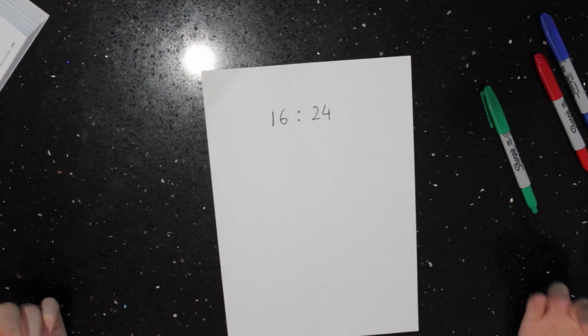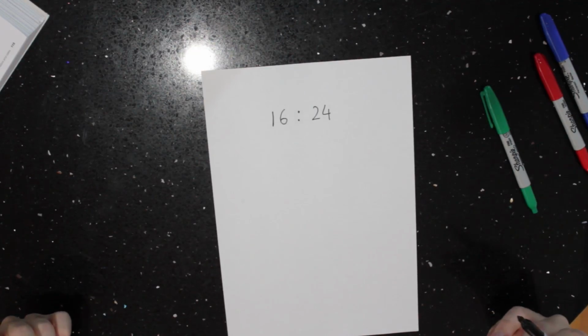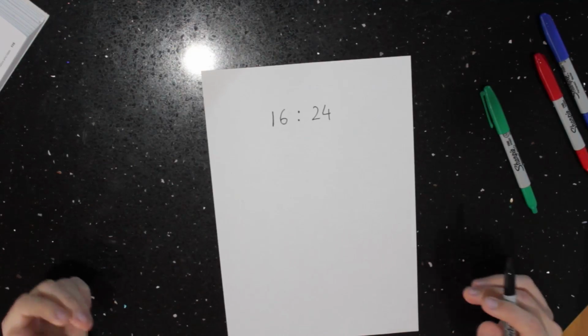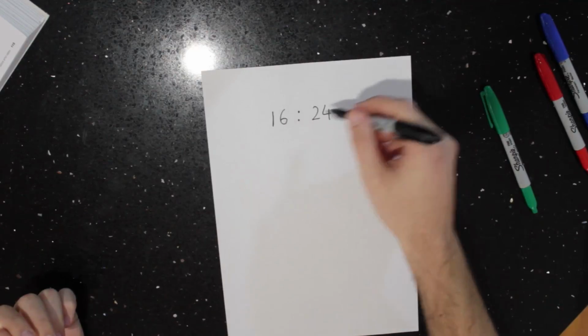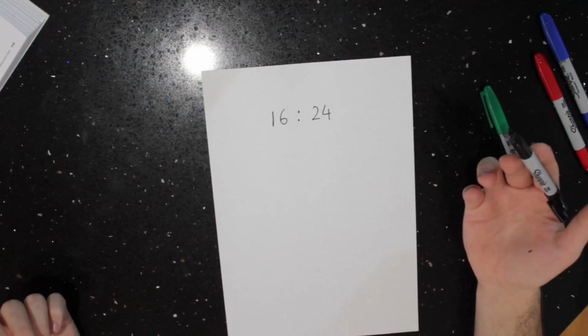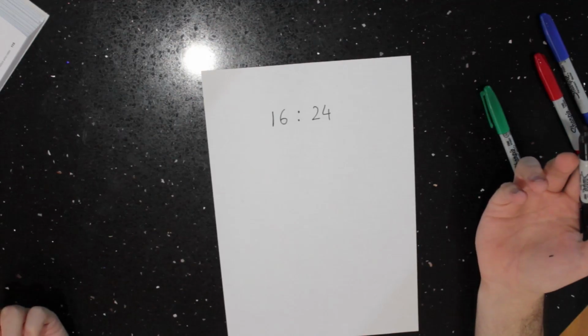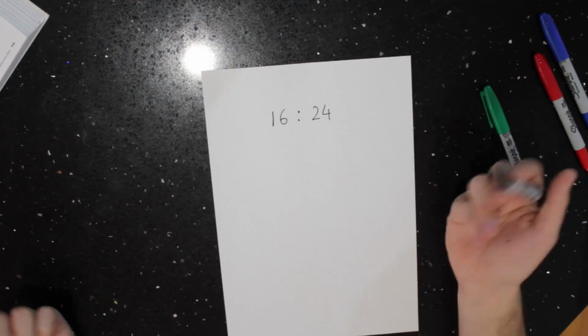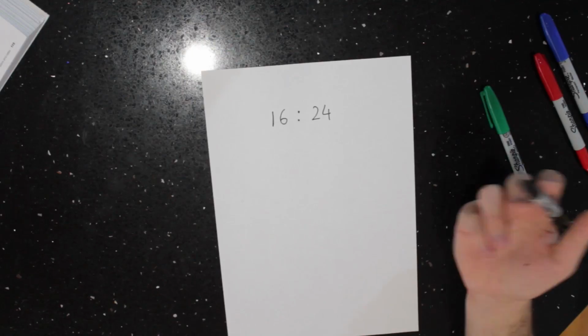So one thing we're going to look for is the highest common factor. That is, determine the largest number that both of these can be divided by to give us a smaller ratio.